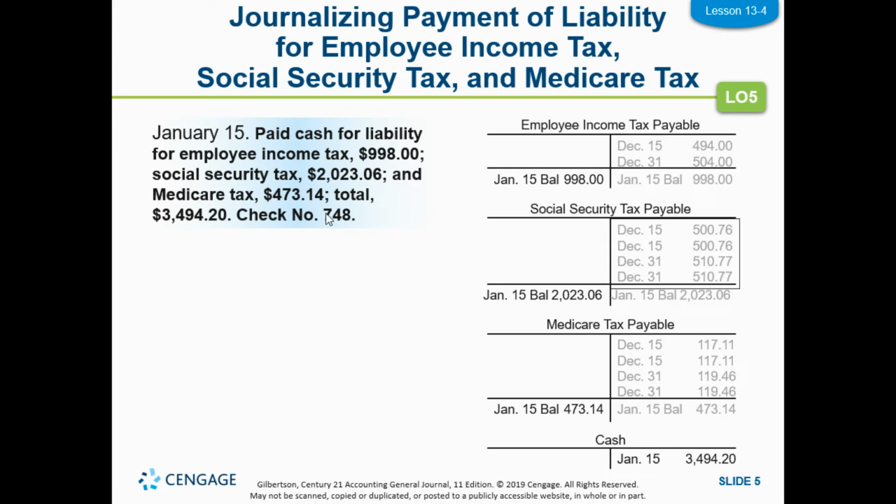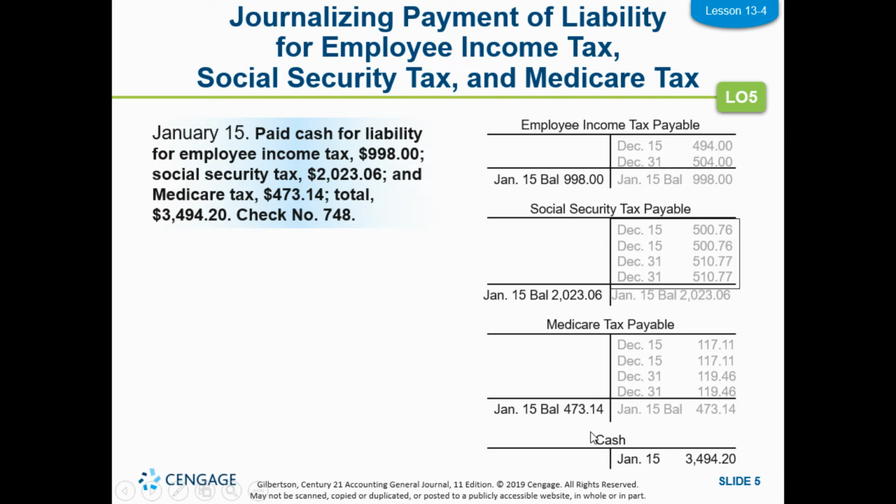So I kind of disagree with their logic, but we'll just let it go for now. All right. And when you total it all up, you're going to end up with a cash credit of $34.94.20. So you're debiting these three liability accounts for your federal taxes, withholding, Social Security, Medicare, and you're crediting cash, or reducing cash, for that money that the EFTPS system is going to pull out of your bank account.